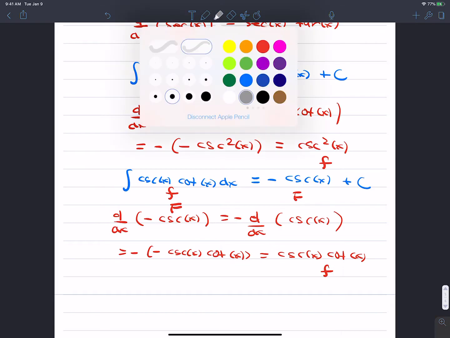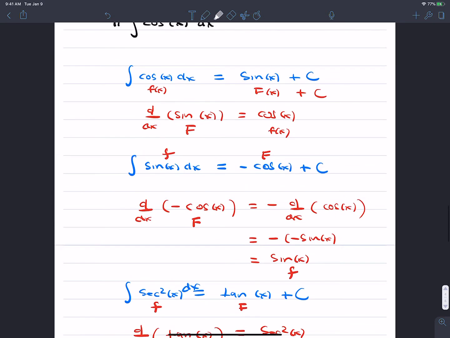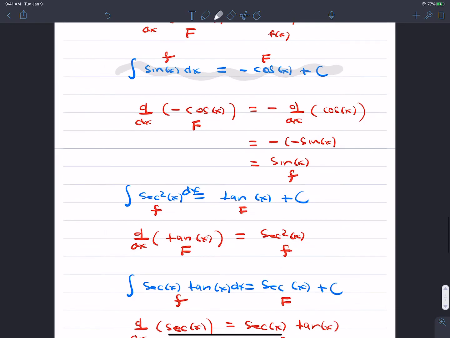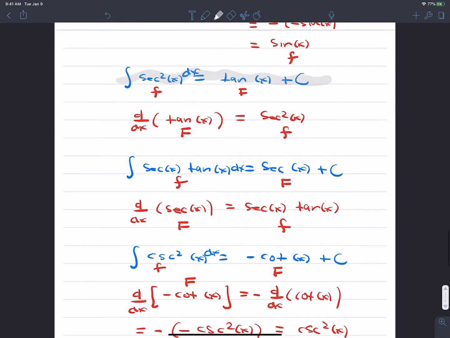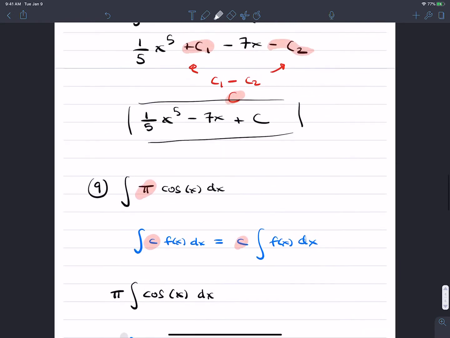Okay, so I want to go back and highlight these. So here's 1, here's 2, here's 3, 4, 5, and what? 6. So you know those 6. You also know the power rule.